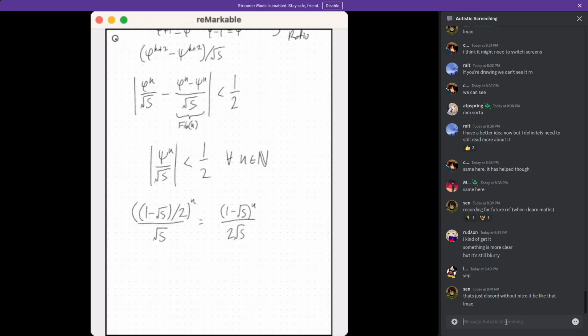In this case, 1 minus radical 5 is, let me give you the exact number here. Oh, actually, this is negative 1.23606, etc. Let's see, what does this do here?